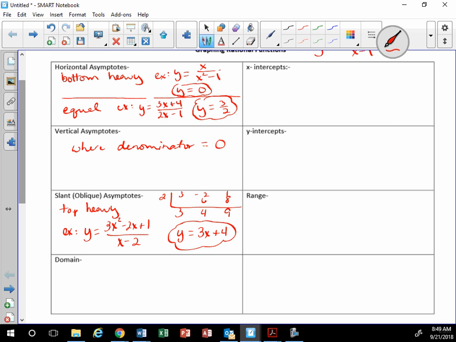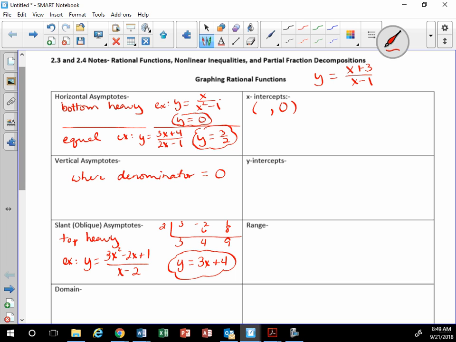x-intercepts. For some reason, everyone always struggles with your x and y-intercept. If it's an x-intercept, what do we know about the ordered pair? Y equals 0. So think about a fraction like this, y equals x plus 3 over x minus 1. If I want the entire fraction to equal 0, which part of my fraction has to equal 0?